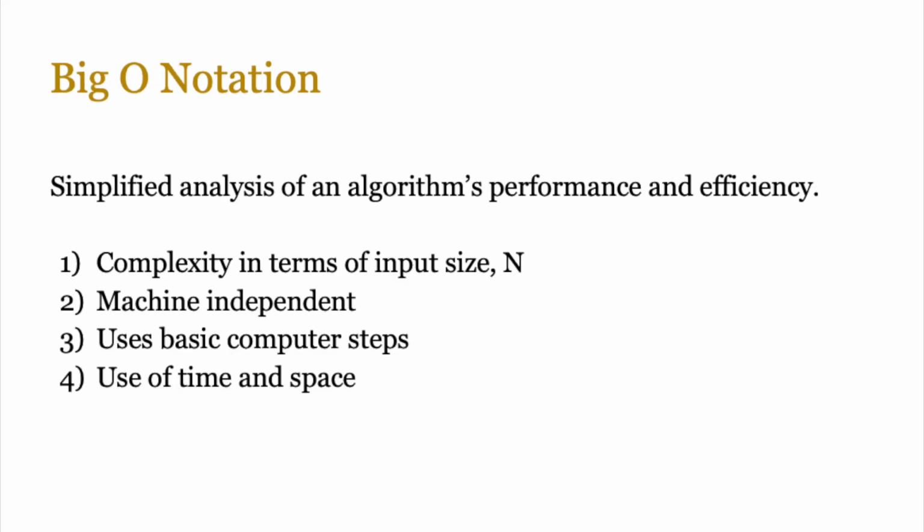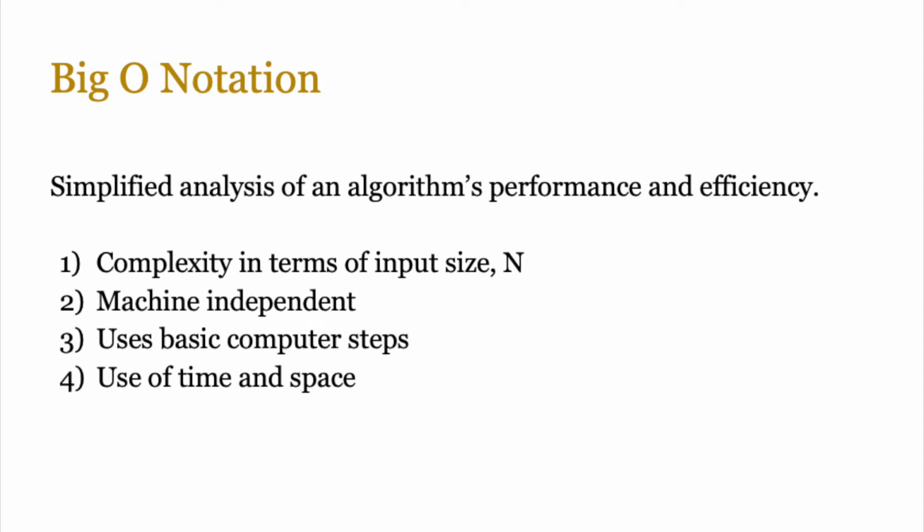Big O notation is a simplified mechanism of measuring how efficient an algorithm's performance is. It focuses on the complexity of the algorithm in terms of the input size. For example, if a list has n elements, you might have some relationship to n in how the algorithm operates.